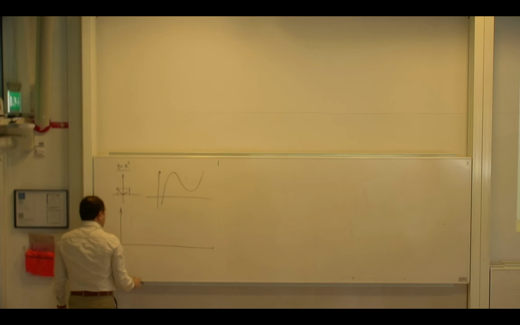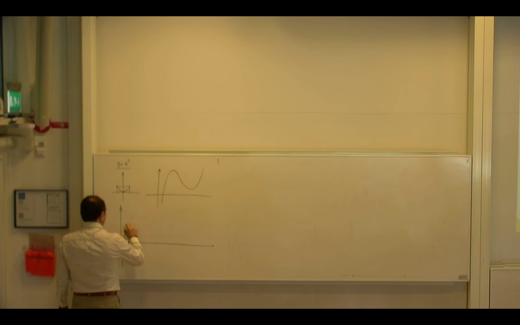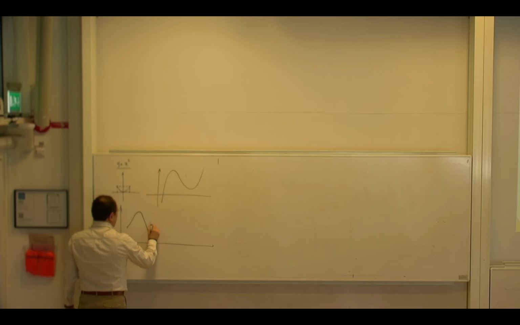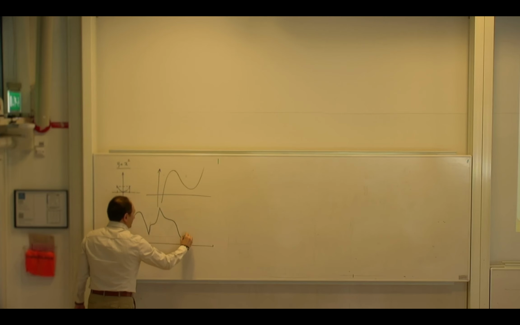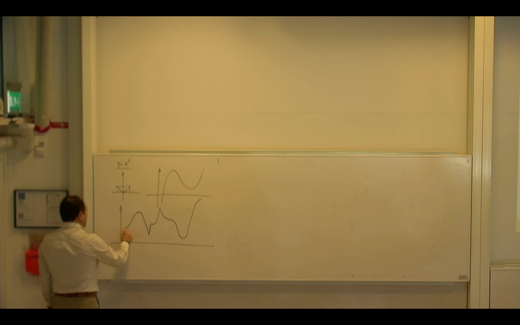So let us say that I start from some point, I go up, and then I come like this, and then something might happen like this, then I go up, and I go down, and I go up. Something like this. Let me call this point A, this one x1, this one x2.